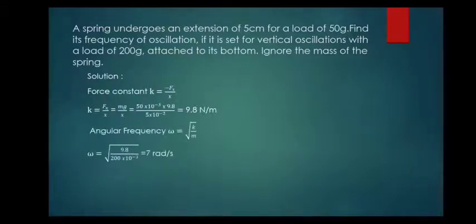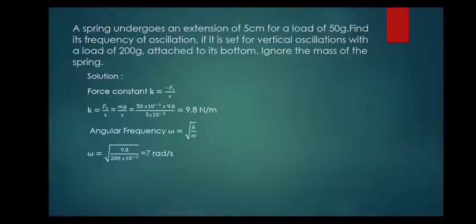In order to calculate the angular frequency, as it is given, the spring executes oscillations with a frequency equal to its natural frequency omega in the absence of any external force. So angular frequency omega equals square root of k by m.